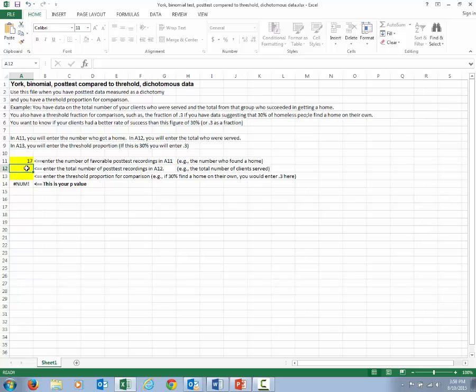Total number, not the number who didn't find a home, but the total number, which is 25. You notice we did not enter the number 8 in there at all. It was how many were favorable, how many was the total. And here we enter that threshold fraction that represents the comparison. We're going to do 0.25. You don't enter 25% in there. 0.25.